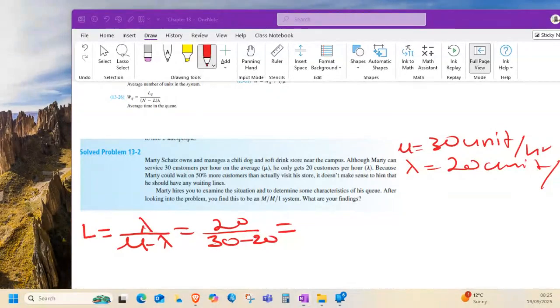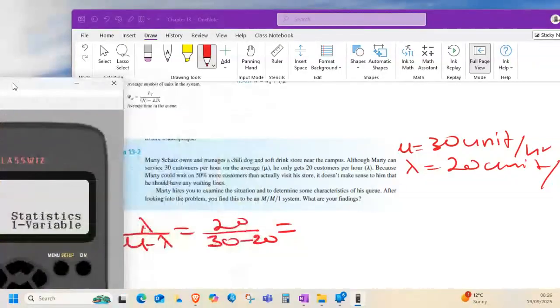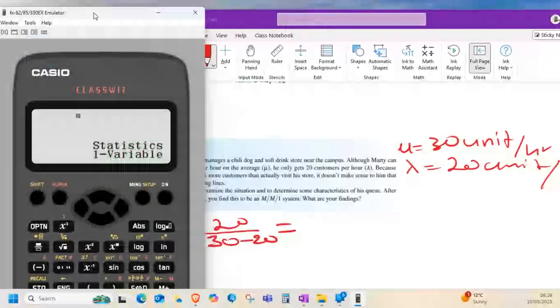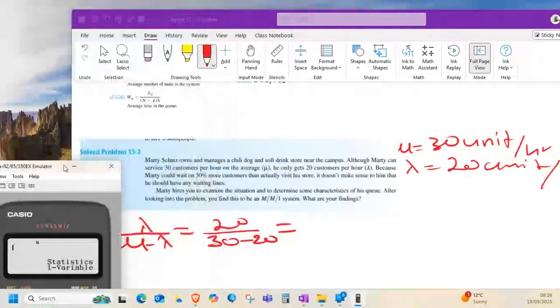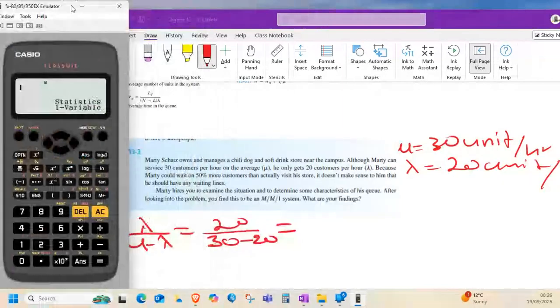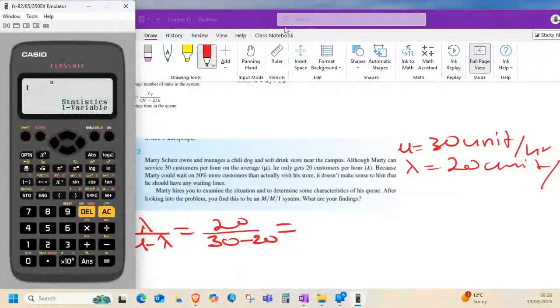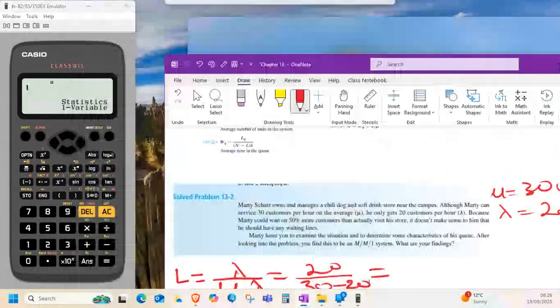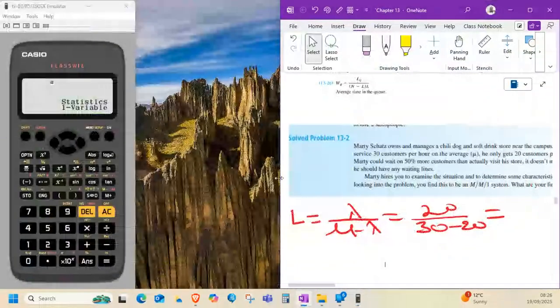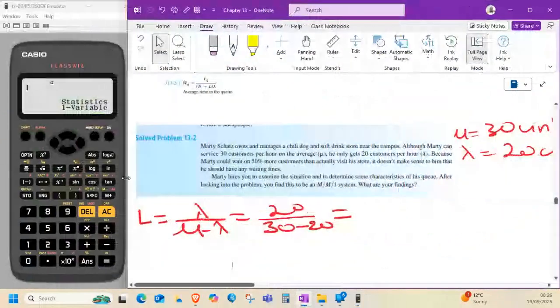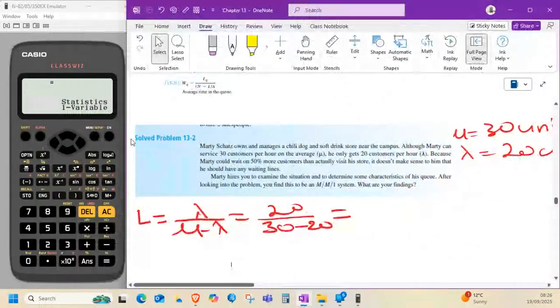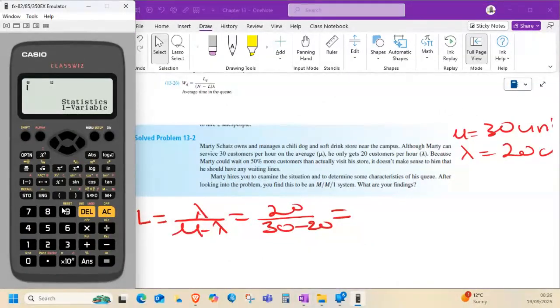This. Okay. How you on statistic? Shift that. What am I using?